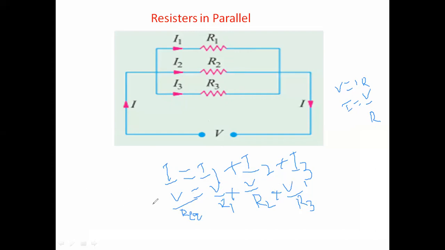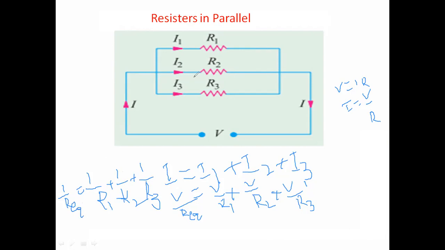So what will we get? V will cancel. Then we get 1 by R equivalent is equal to 1 by R1 plus 1 by R2 plus 1 by R3. So R equivalent we can call the equivalent resistance.